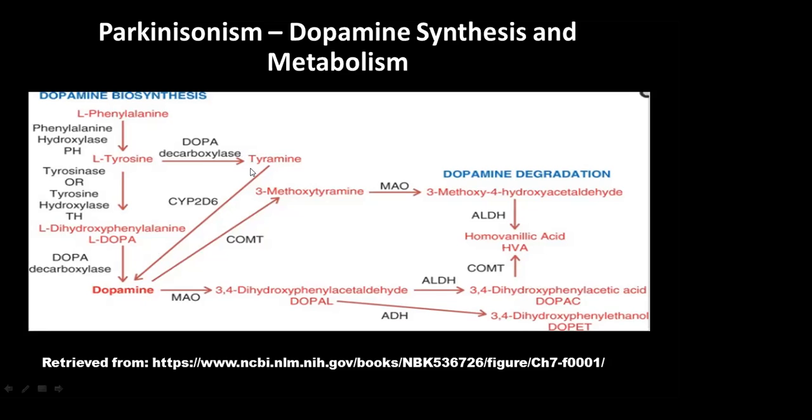This is the reason why you have to decrease or avoid food that contains tyramine, because of the MAO inhibitors, which inhibit the metabolism of dopamine.